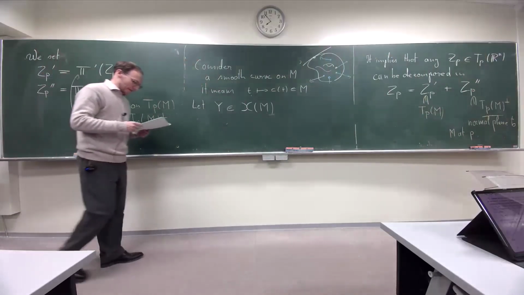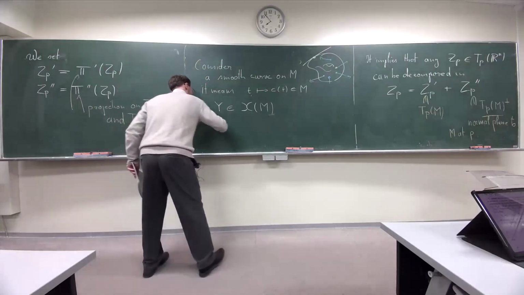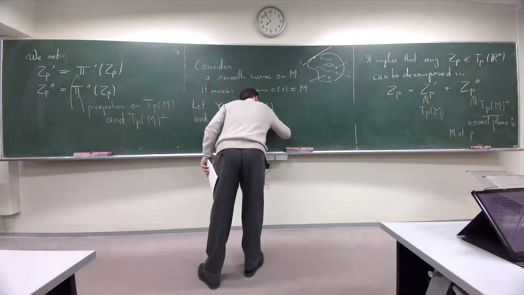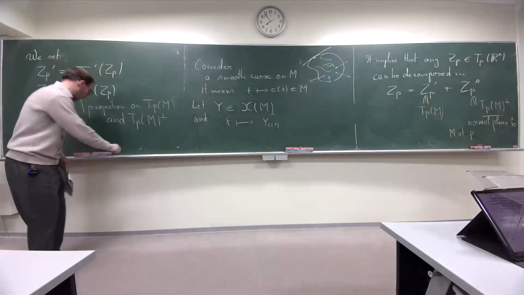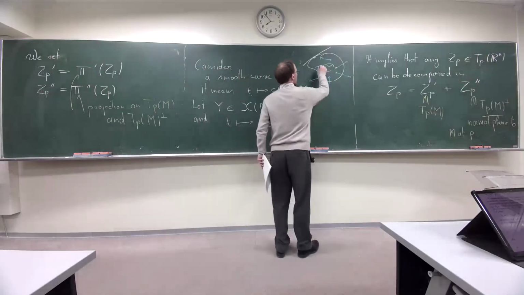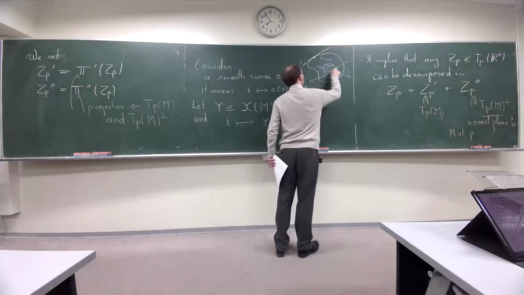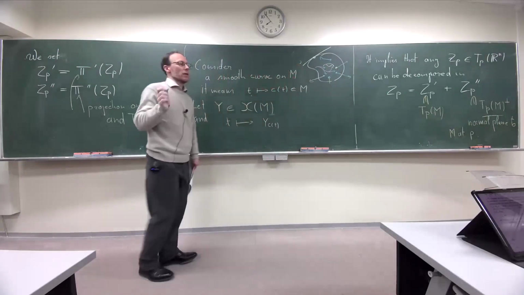Okay. So I can consider the map t goes to Y of c of t. What is this? Oh, that's nice. I look at these arrows which are along the curve, but be careful.